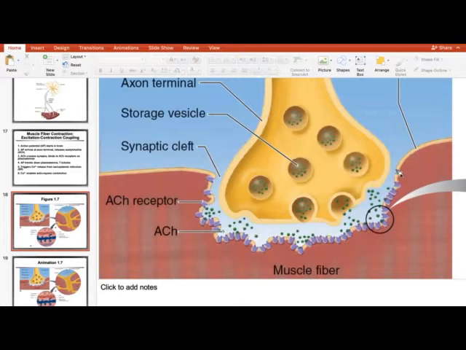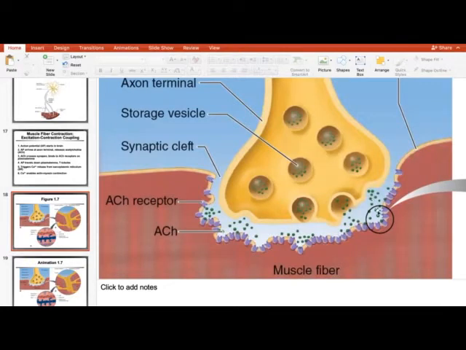That's called a receptor, and the acetylcholine is going to be released from your storage vesicles at the end of the axon, or the axon terminal. The acetylcholine is going to be released. It's going to go across the synaptic cleft, and that acetylcholine is going to be accepted by one of these receptors.